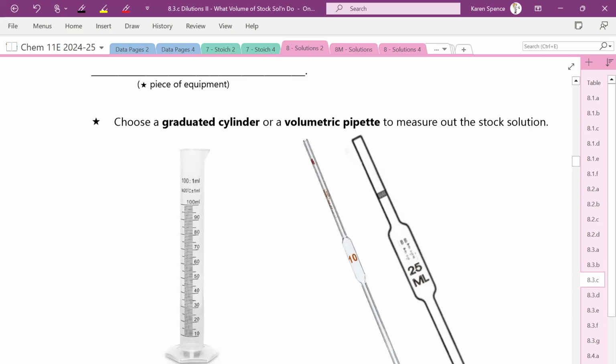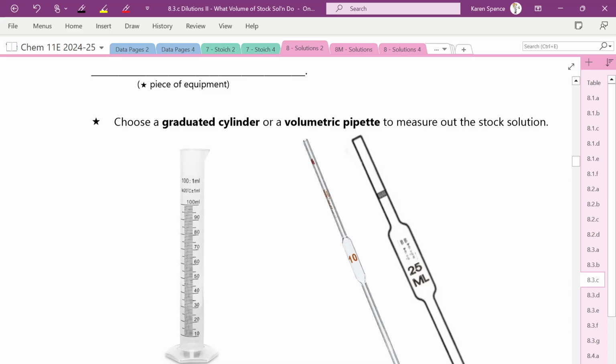And just to give you some size perspective, this is a 25 milliliter volumetric pipette. Imagine how big it would need to be to have 500 milliliters in it. Does that sound practical? No.